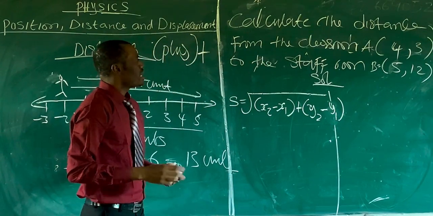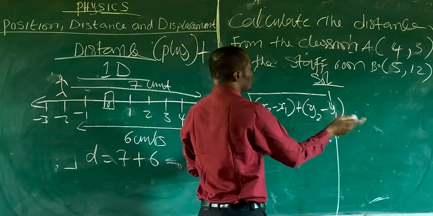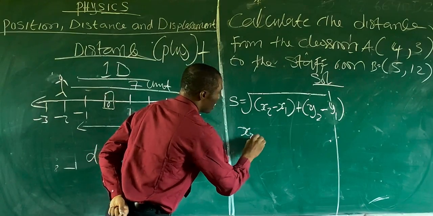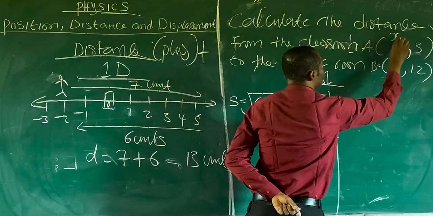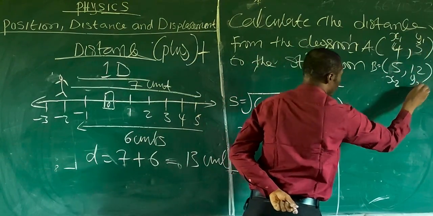Are you clear now? Let me show you which one is x2, y2. Let's start with x1. This is x1, y1, x2, y2.